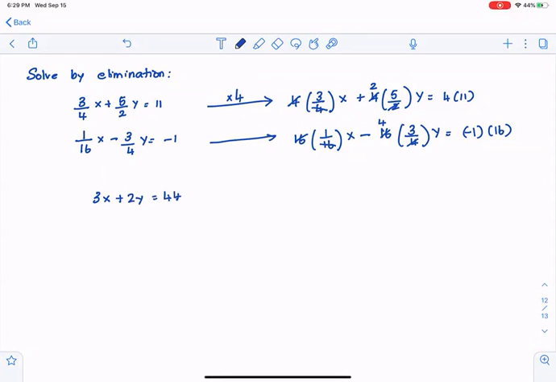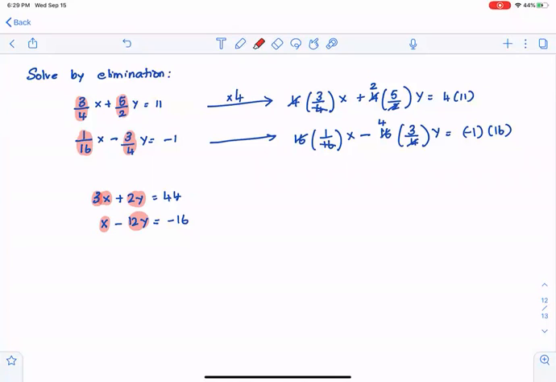The second equation is x minus 12y equals negative 16. So what was complicated here became simple there. So always get rid of the fraction.